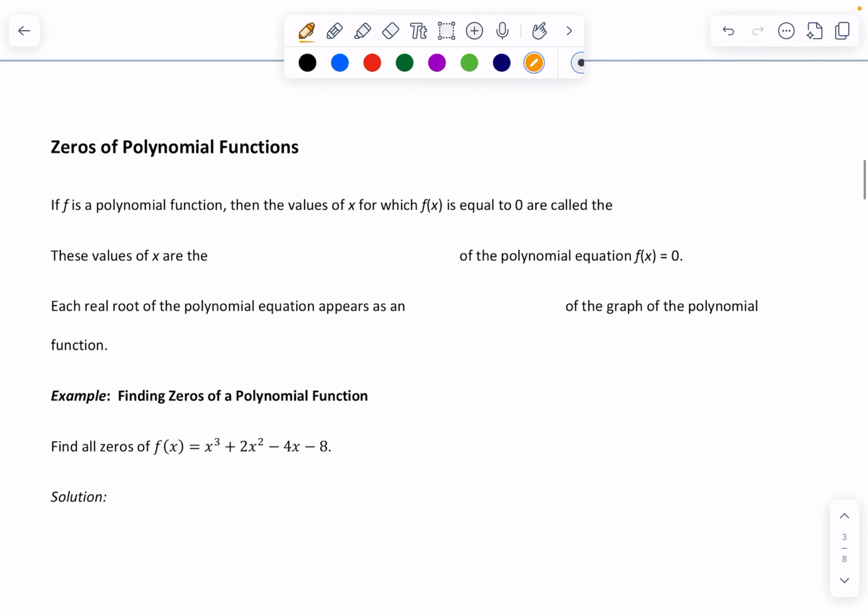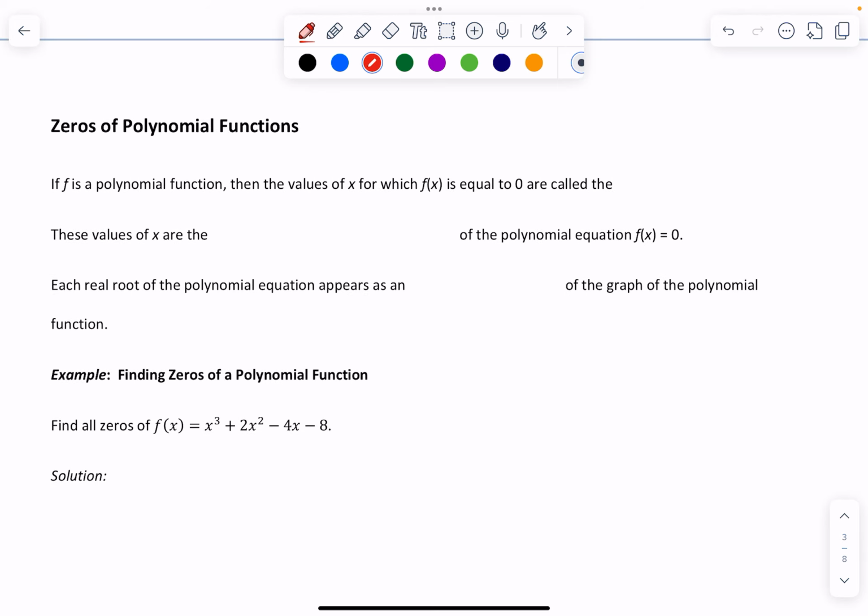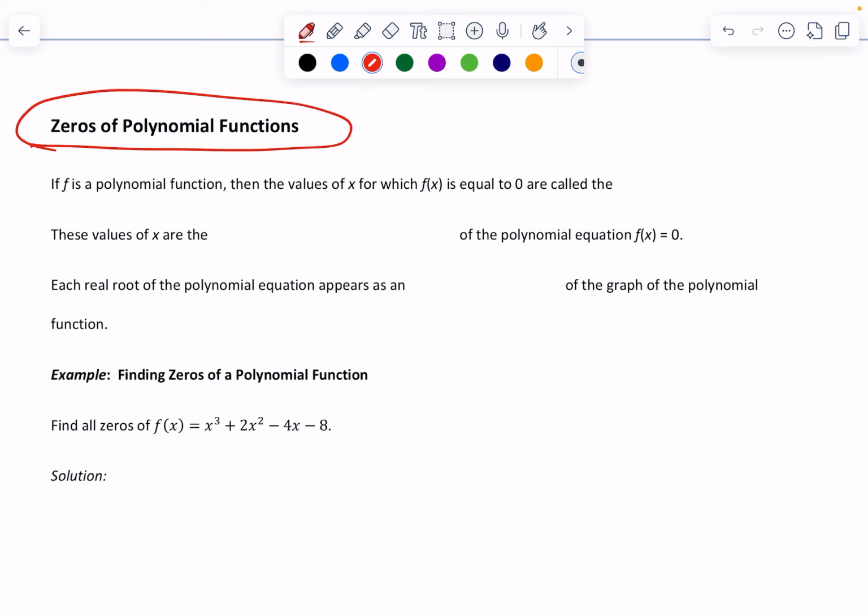And this will tell us more about what happens in the end when we're looking at zeros of polynomial functions. So if f is a polynomial function, then the values of x for which f of x is equal to 0 are called the zeros of f of x.